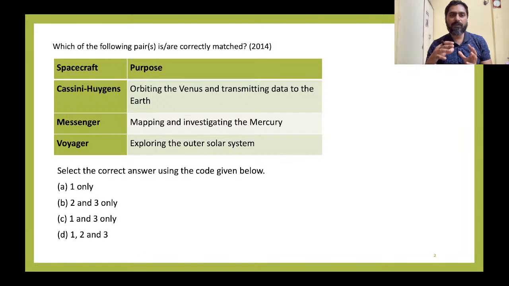Mainly we'll focus on the present missions, but we'll have an idea of the past missions also. We'll cover in a systematic manner: missions to the Sun, then Mercury, Venus, Earth, Earth's Moon, Mars, then Jupiter, Saturn, Uranus, Neptune, and in between we'll see missions to asteroids also. We'll cover some of the recent missions and some of the past missions also. So you will be able to answer questions like this.